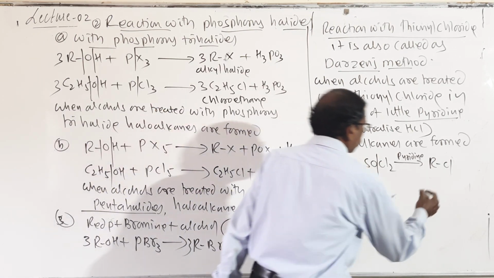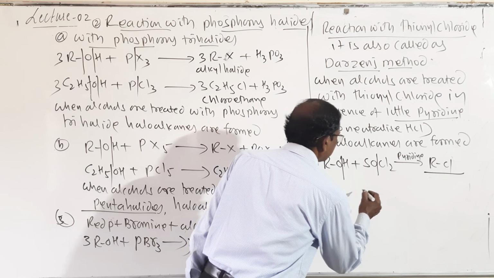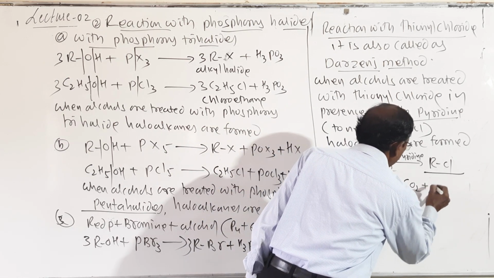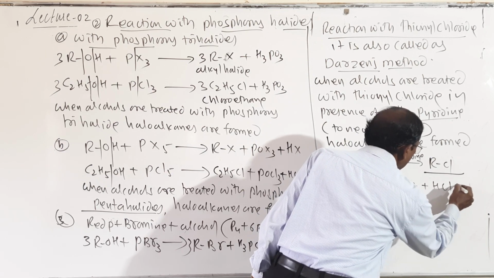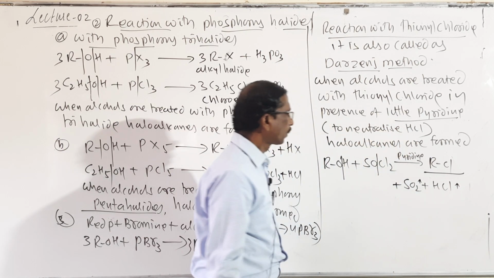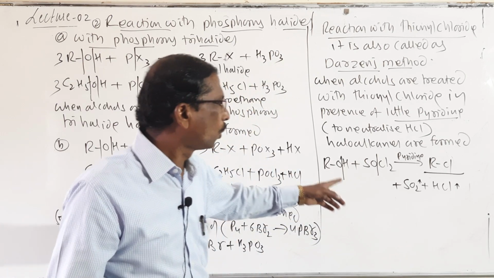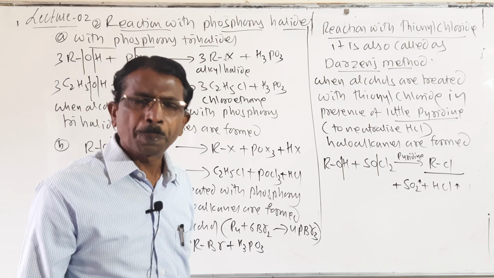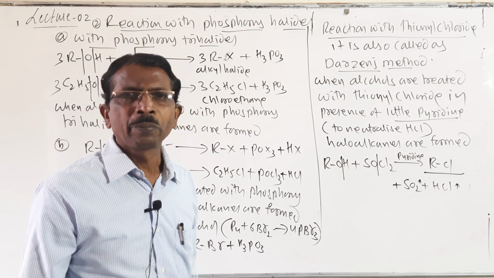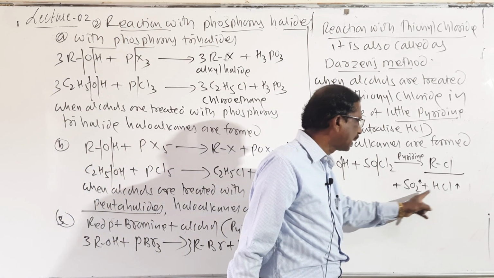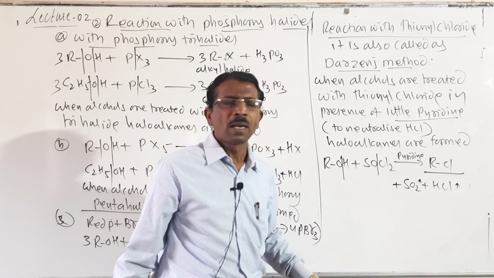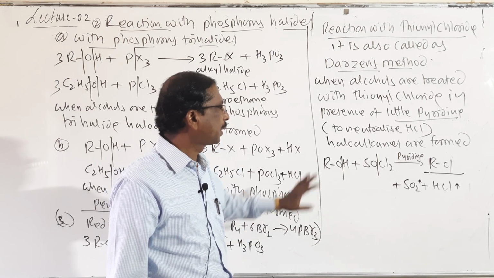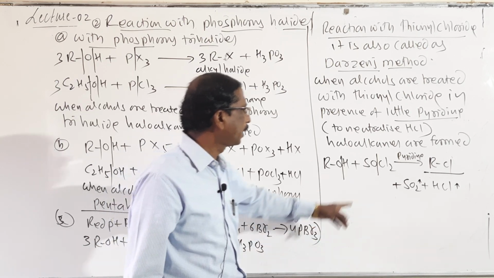Here it forms chloroalkane plus SO2 plus HCl, both in the gaseous state. By this method the alkyl chloride prepared is very pure, because SO2 and HCl are gases that escape, and the pure RCl remains in the flask.